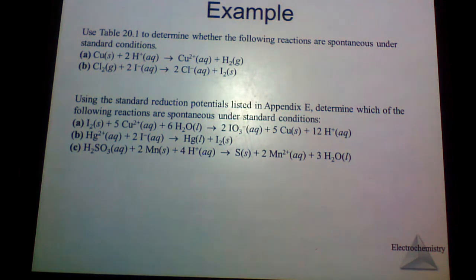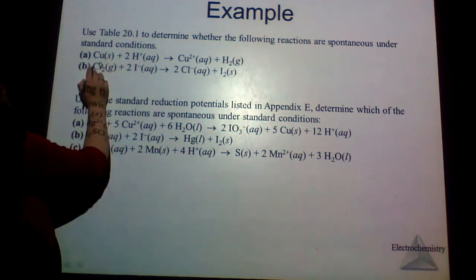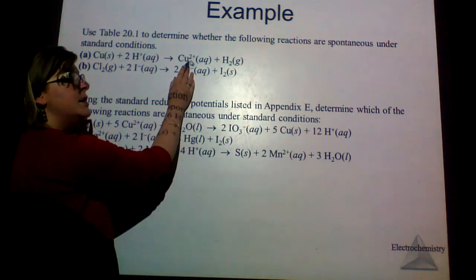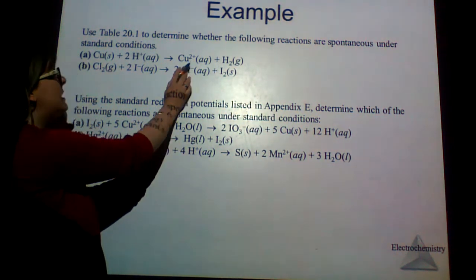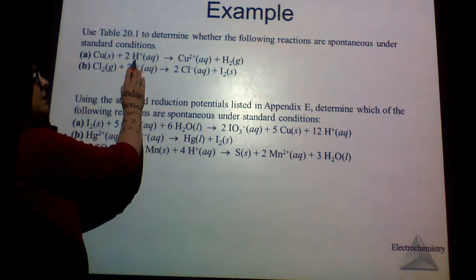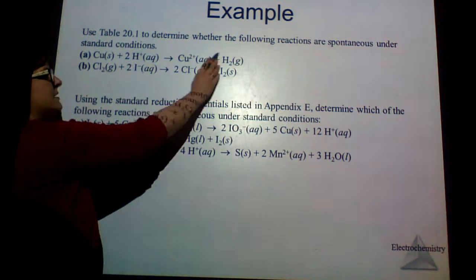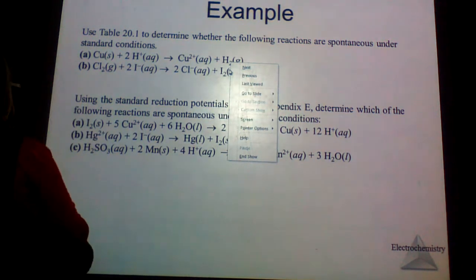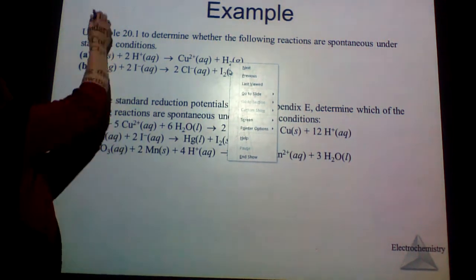So in this case, I want to see what's oxidized and what's reduced. If I'm looking here, I have a charge of 0 for copper going to a positive 2 for copper. So it's becoming more positive, meaning that I'm going to be oxidizing copper, but hydrogen is becoming less positive, meaning it must be gaining electrons, so that must be reduced.